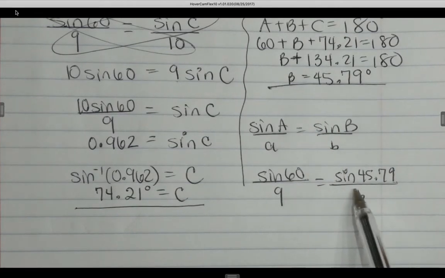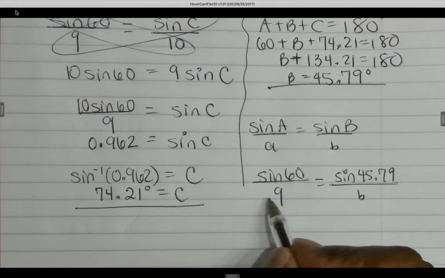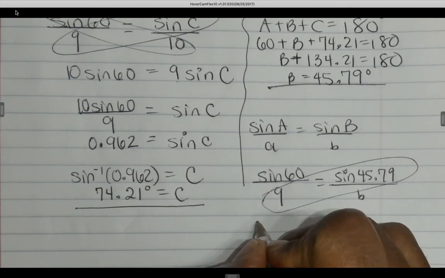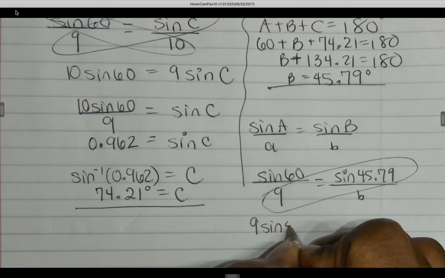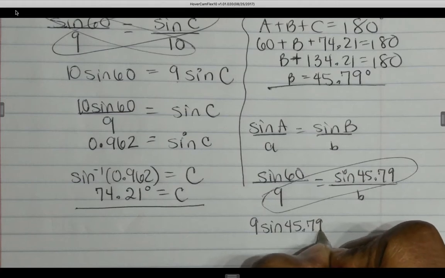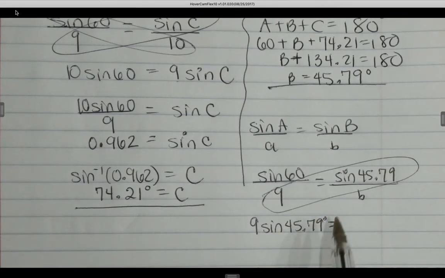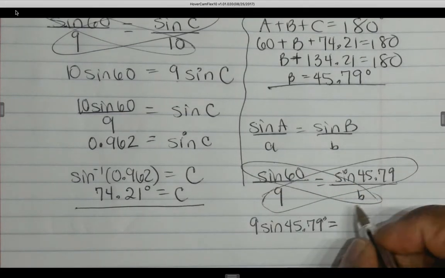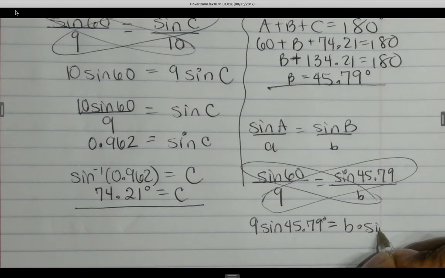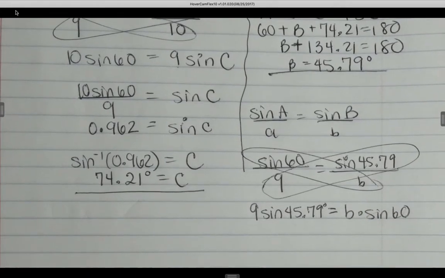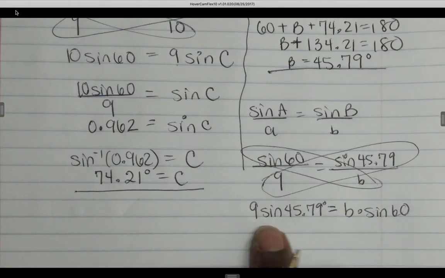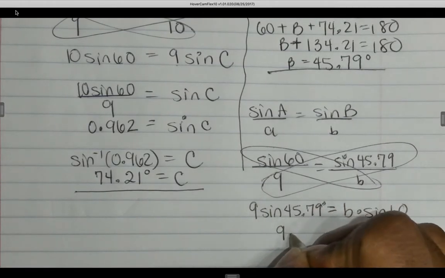So now I have my third equation that I'm going to go through and solve. I'm going to cross multiply: 9 times sine 45.79 degrees equals B times sine 60. And then once I divide by sine 60 on both sides, I can plug all that into the calculator.